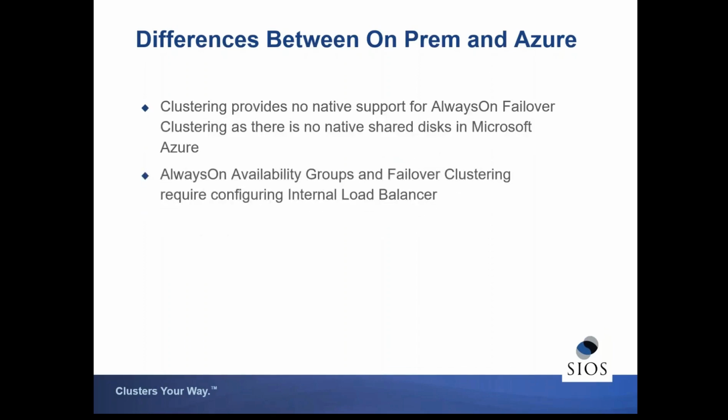Always-on availability groups and failover clustering both require configuring what's called an internal load balancer. So one of the annoyances of Azure is that through the GUI, there's no way to get a second IP address for a machine. So when you set up an availability group or a failover cluster, it's going to use DHCP because that's all that's available in Azure.